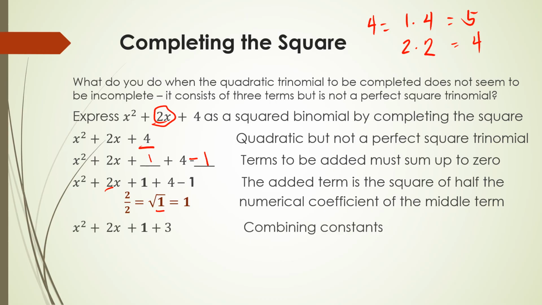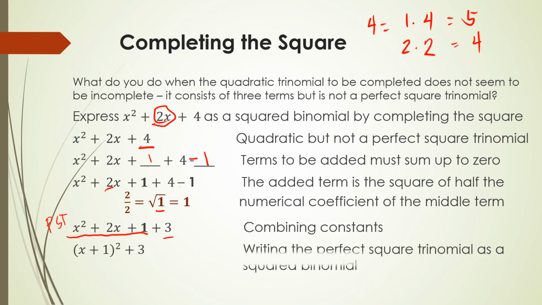Now, combining like terms or combining the constant, you have 4 minus 1. Okay? 4 minus 1, that is 3. Hindi natin sinama si 1 kasi si 1 is part of the perfect square trinomial. Etong part na to is a perfect square trinomial na siya. So, if you're going to simplify this one, you're going to write it as the square of binomial.